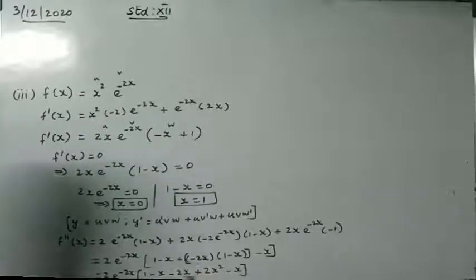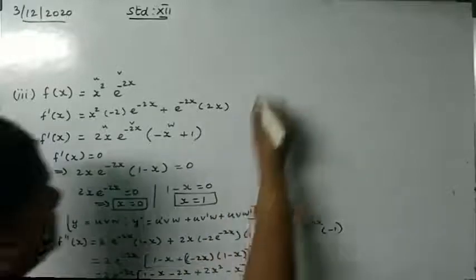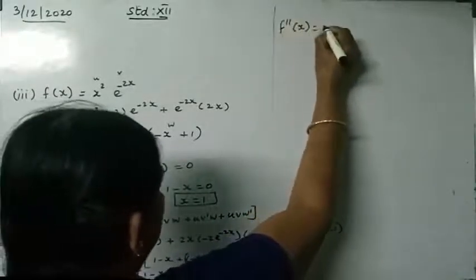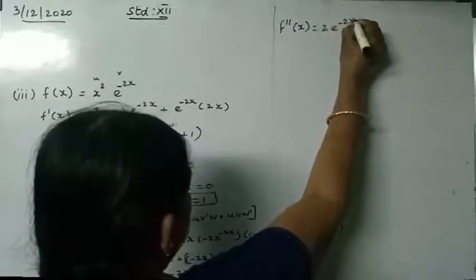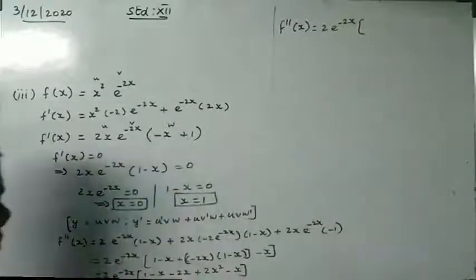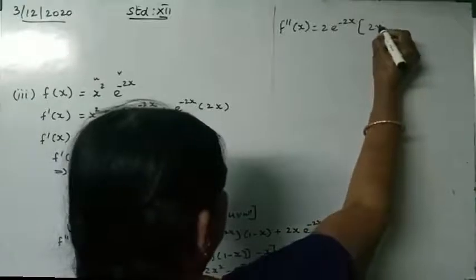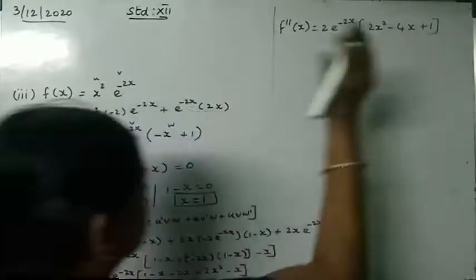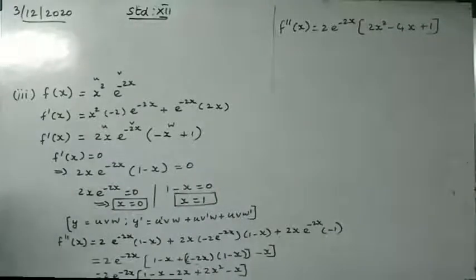So 2x square minus 4x plus 1. So I can write f double dash of x is equal to 2 e power minus 2x into 2x square minus 4x plus 1. Now this is the second derivative, f double dash of x.